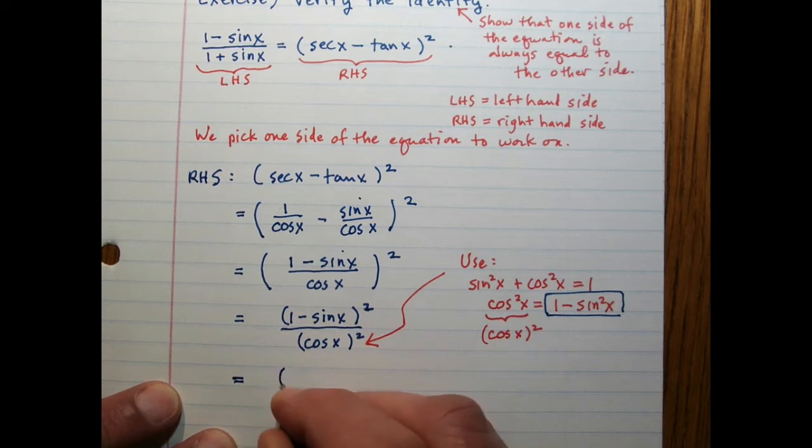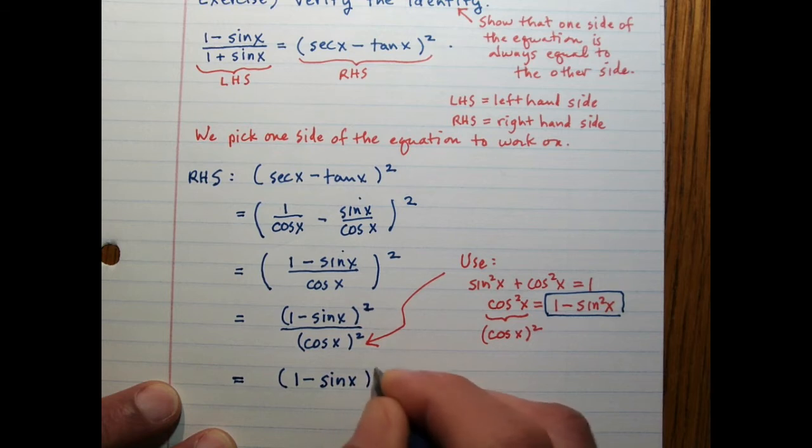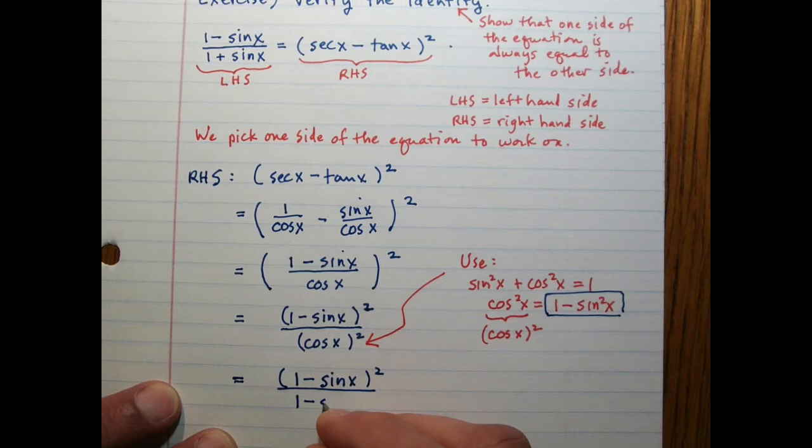Let's go ahead and do that. I'm recopying the numerator, 1 minus sine x in parentheses squared, over 1 minus sine squared x.